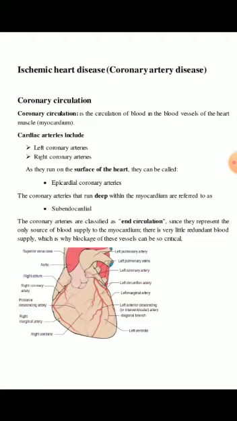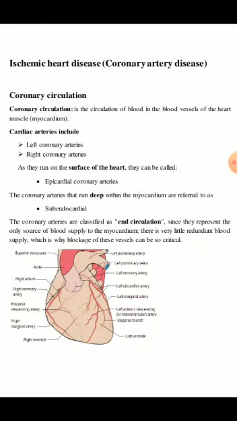These coronary arteries are also termed end circulation or end arteries because they represent the only source of blood supply to the myocardium, meaning there is very little redundant blood supply, which is why blockage of these vessels can be so critical and crucial.